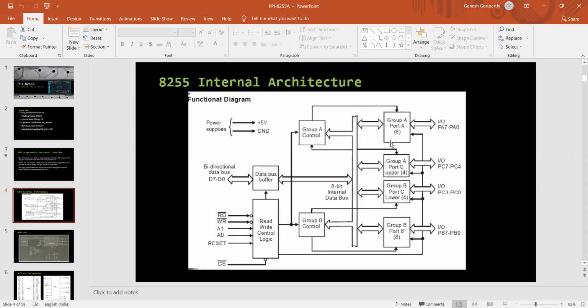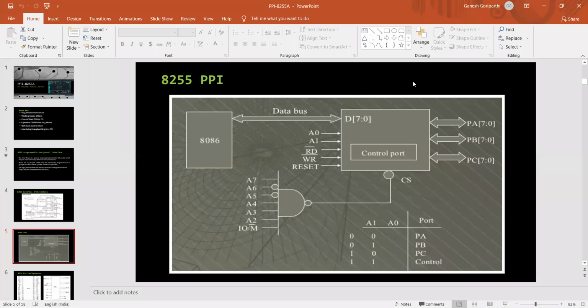These groups will have individual group controls, and these group controls get inputs from the read write logic. This read write logic gives you the control signals to these groups, and the data bus buffer allows the data transfer between 8086 and 8255.